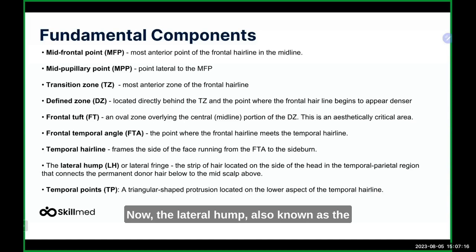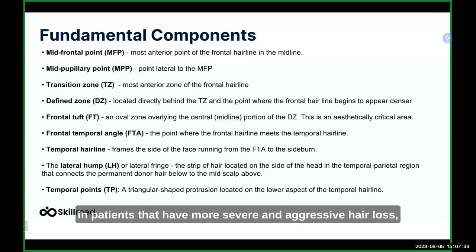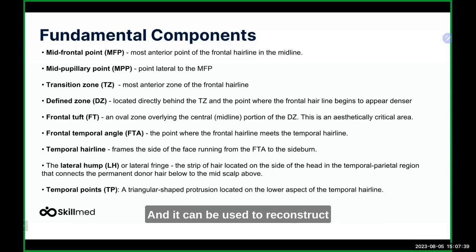Now, the lateral hump, also known as the lateral fringe, is located just above the side of the head in the temporal parietal region. What this does is connect your permanent donor hair to the mid-scalp above. The lateral hump can be used in patients that have more severe and aggressive hair loss, for example, men that are Norwood 6 or 7, and it can be used to reconstruct the frontal hairline.